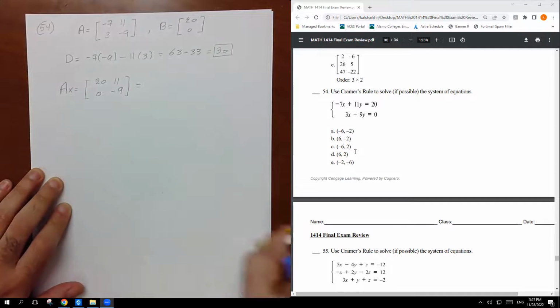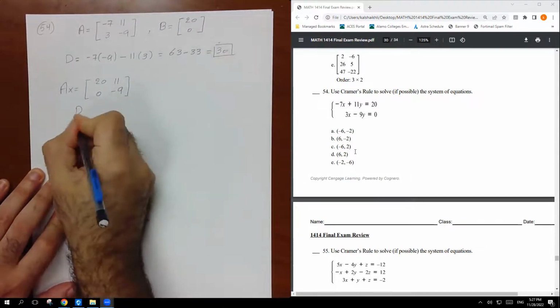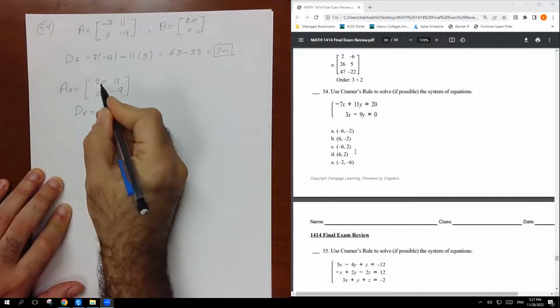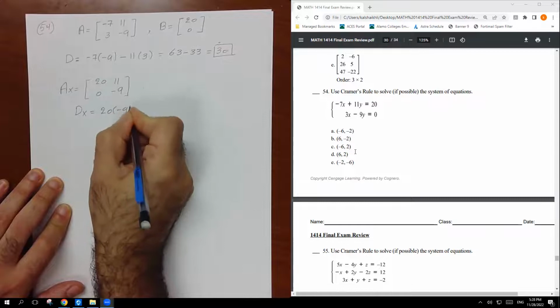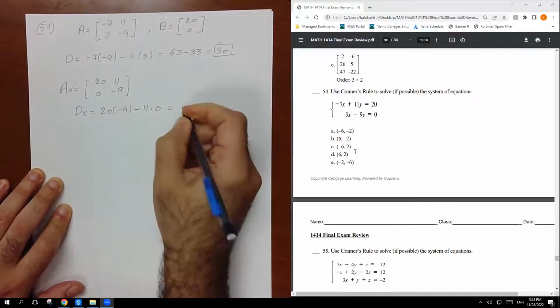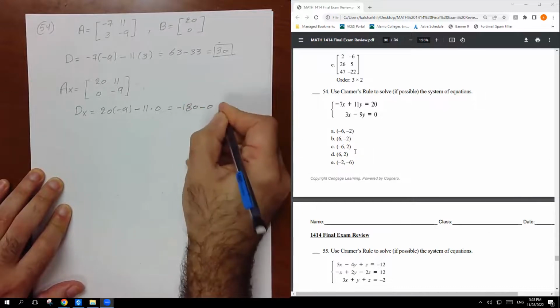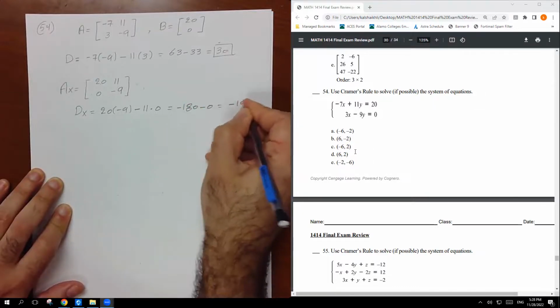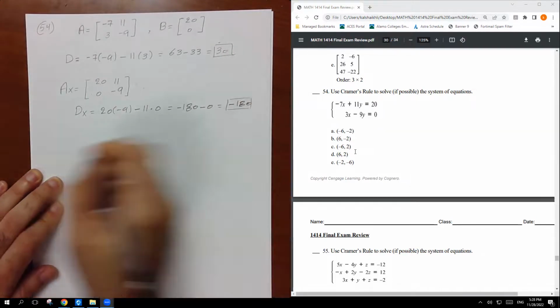So this is the matrix A sub X. Now I need to find D sub X, is going to be 20 times negative 9 minus 11 times 0, which is equal negative 180 minus 0, and this is equal negative 180. So here's D sub X.